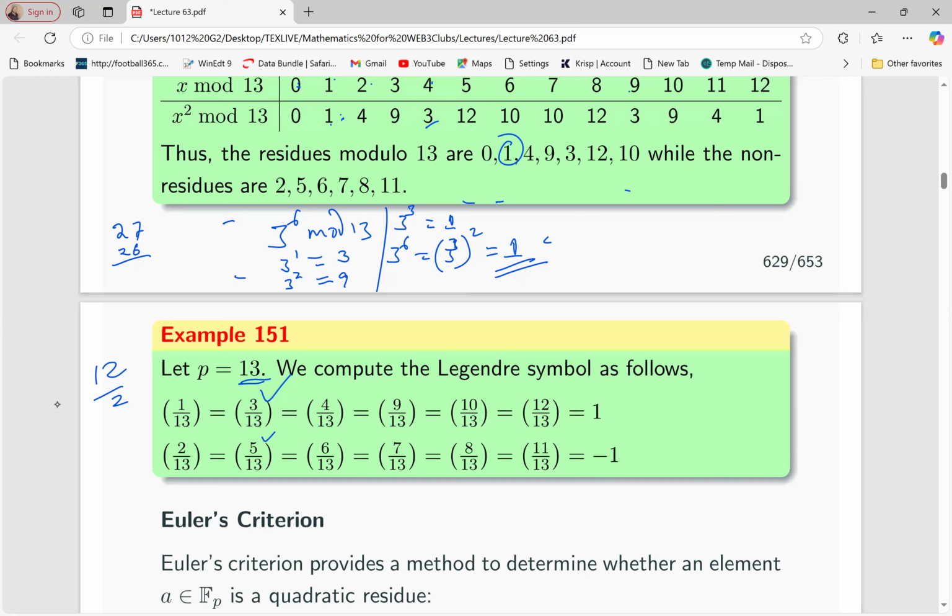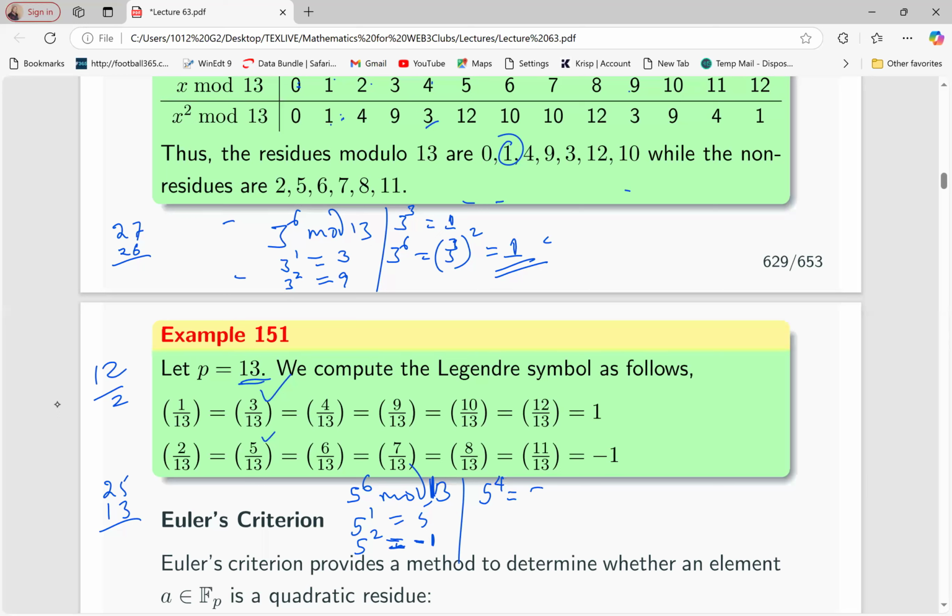Let's try 5 and see what we get. We want to find 5 raised to 6 mod 13. So again, 5 raised to 1 will just be 5. 5 raised to 2 will be 25, which mod 13 will be 12. But instead of writing 12, let's write negative 1, because 12 is a big number and we don't want to use a calculator here. 12 is the same as negative 1. What about 5 raised to 4?